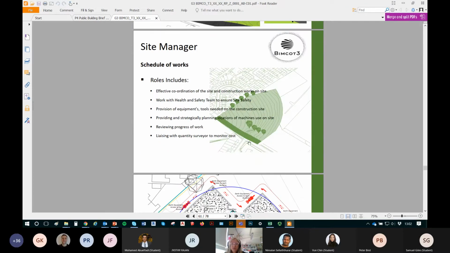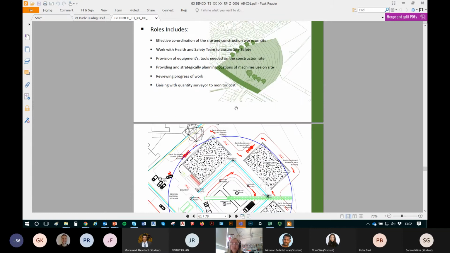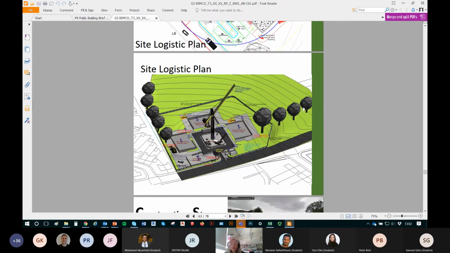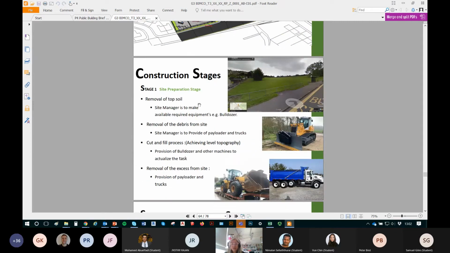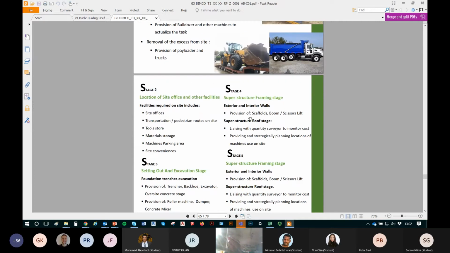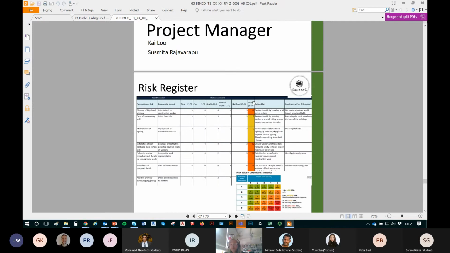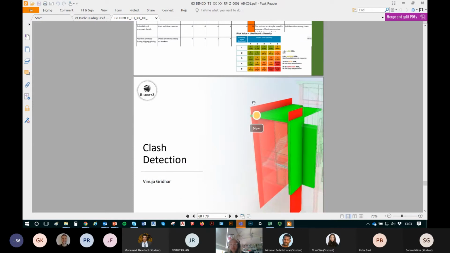The schedule of works, so you can see the site manager working a schedule of work, and also explaining the site logistics plan and what the idea was, and explaining absolutely every decision they made with the 3D to illustrate that. Construction stages, so explaining how that will work in time, including the project manager full program risk register at the end of this.